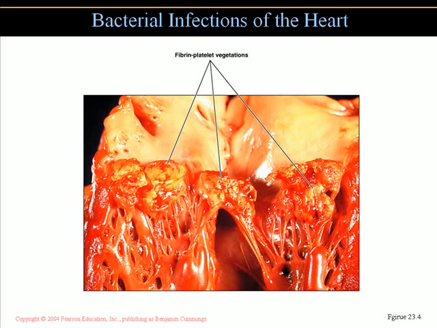The other thing that can happen, these are pieces of debris. These little pieces of debris can break off, travel and embolize, go to another part of the body and shut off circulation. The big blood vessel like the aorta, no problem. The blood clot can go right through that.